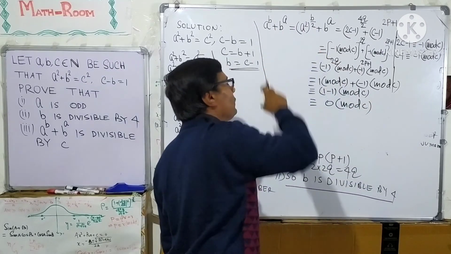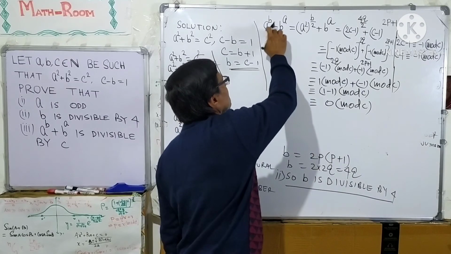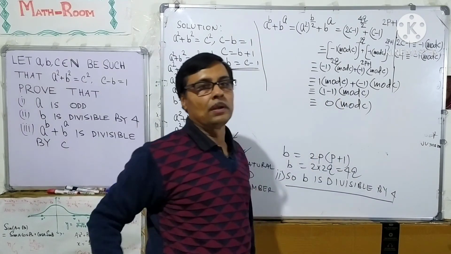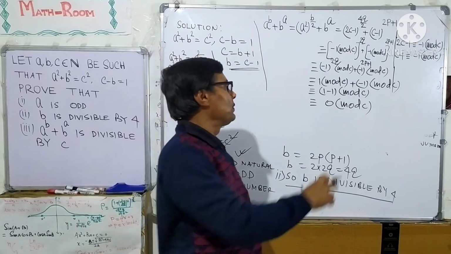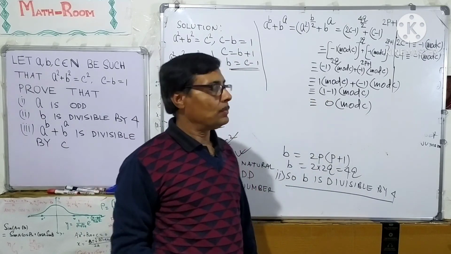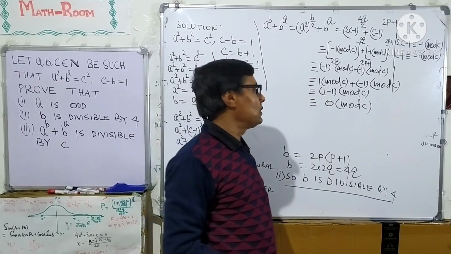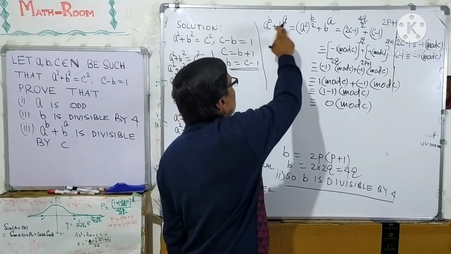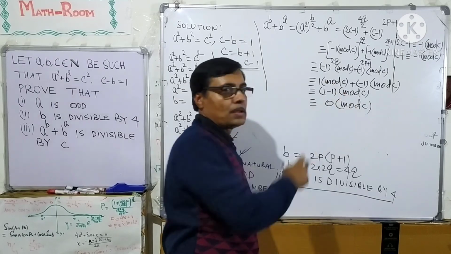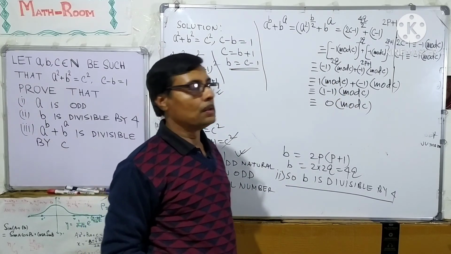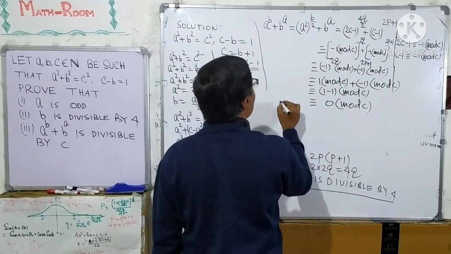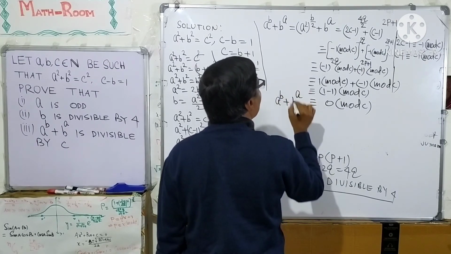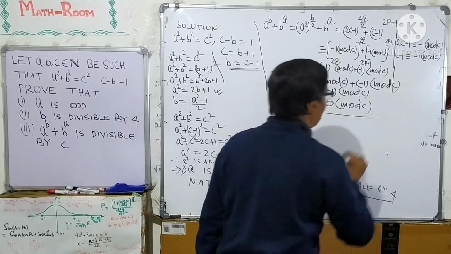So if we divide the expression a to the power b plus b to the power a by c, we have no non-zero remainder; the remainder is 0. a to the power b plus b to the power a is equivalent to 0 modulo c.